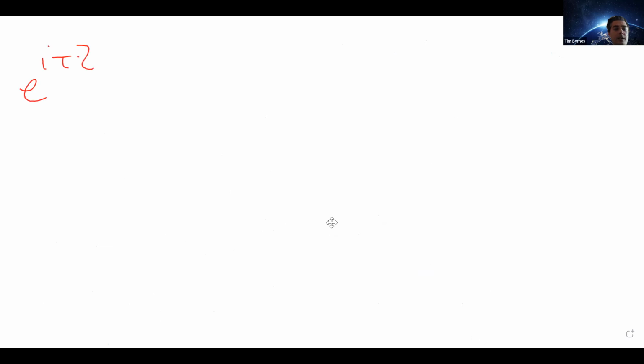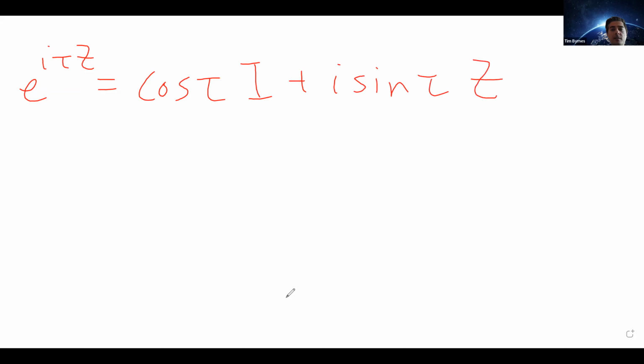So e to the i tau z, the final result is that it's cosine tau plus i sine tau z. Okay, so this looks a lot like Euler's formula, where you have the cosine and sine expansion, but if you have a matrix in there, then only the sine has this matrix.